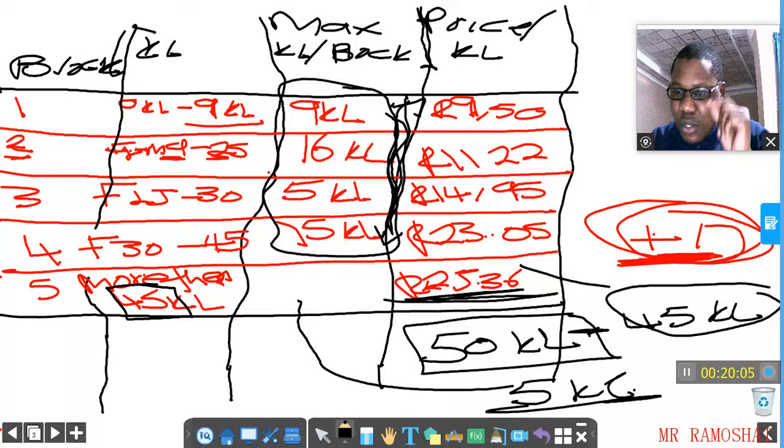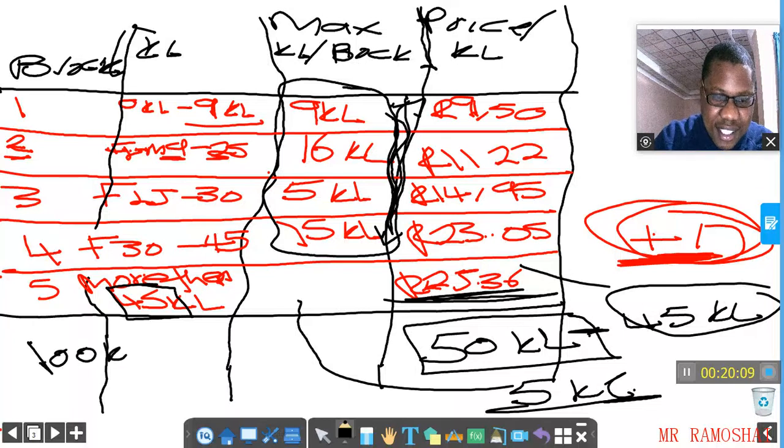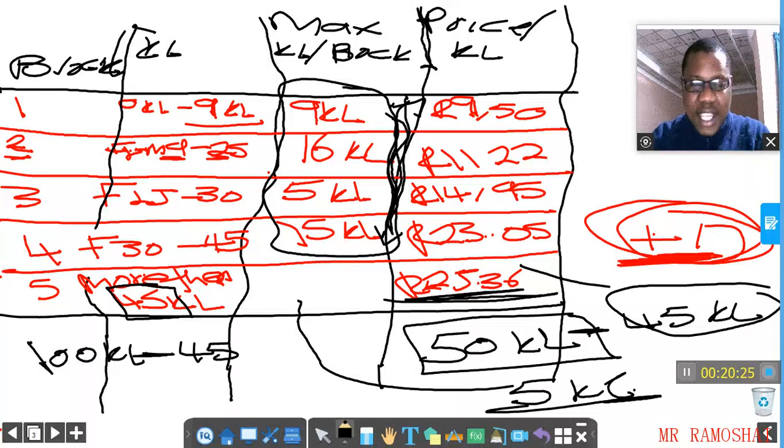Here is someone who uses 100 kiloliters. What are we going to do? Out of this 100 kiloliters, only 45 kiloliters. Remember, block 1 up until block 4 can only accommodate a maximum of 45 kiloliters, right?